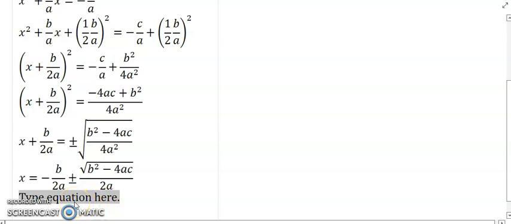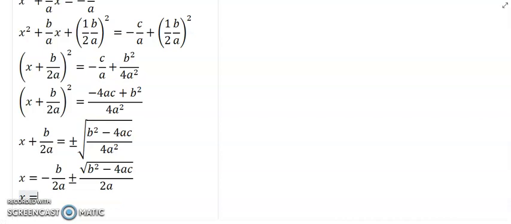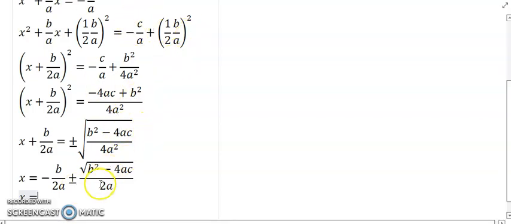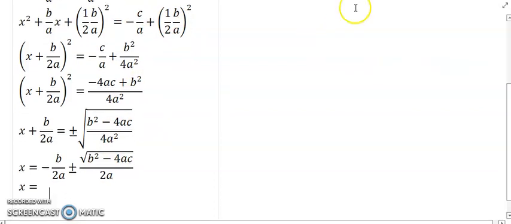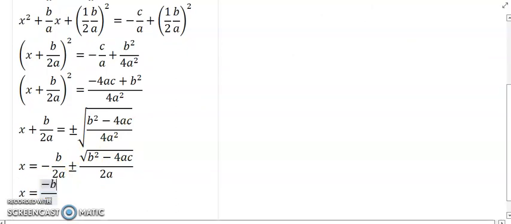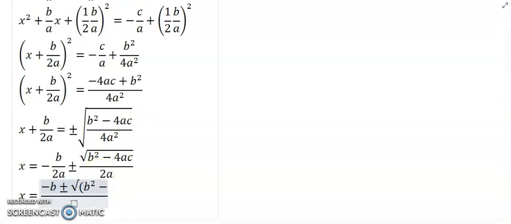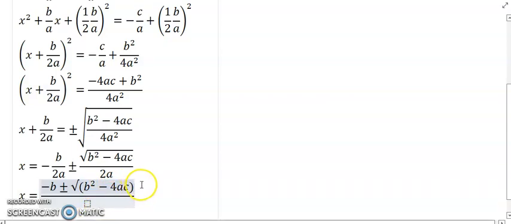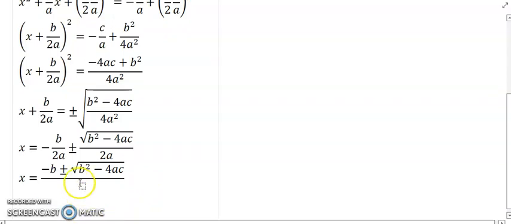Then x will be equal to negative b plus or minus the square root of b squared minus 4ac, all divided by 2a, guys.